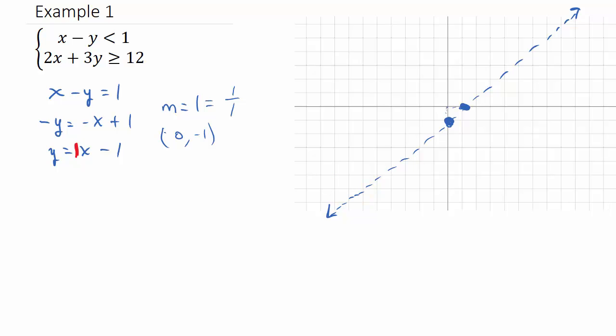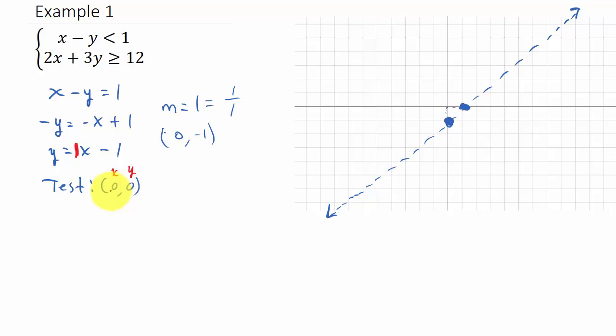Alright, now what I want to do is choose a test point. I can pick any point I want on either side of the line. You just don't want to choose a point that's on the line. So I'm going to choose the point (0, 0), which is above the line. This is my x, this is my y.